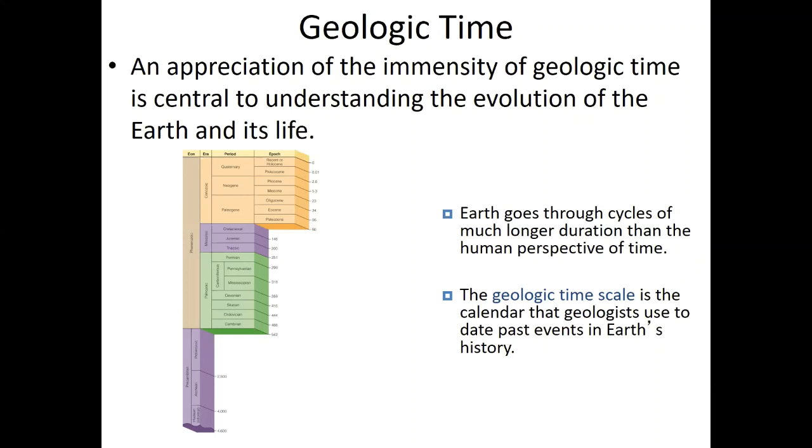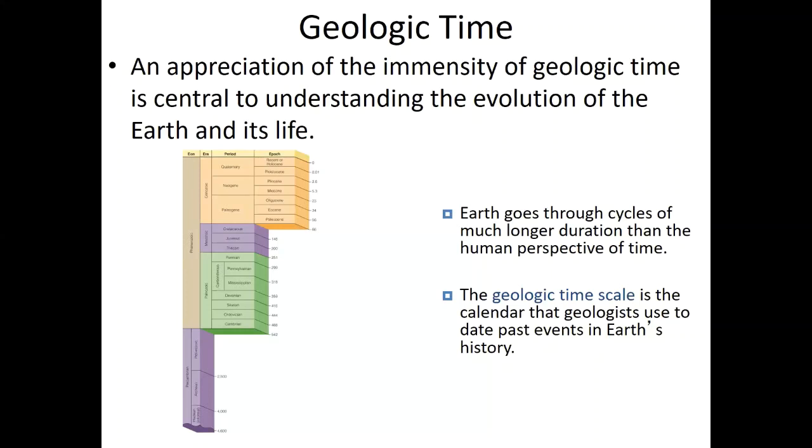But that immensity of time, the vast amount of time, is central to understanding how Earth changes, because we'll learn that the change on Earth with plate tectonics and evolution is very slow. But even though it's very slow, there's been so much time that slow change can result in dramatic change.